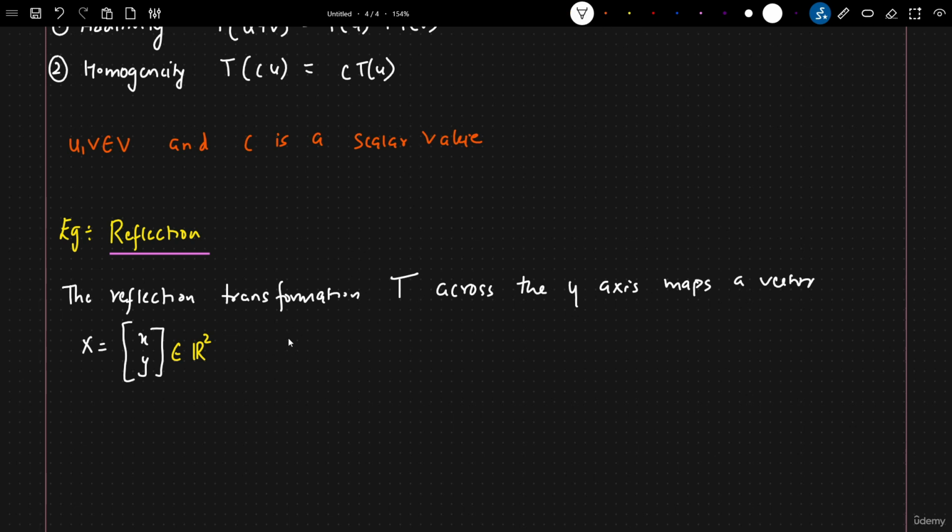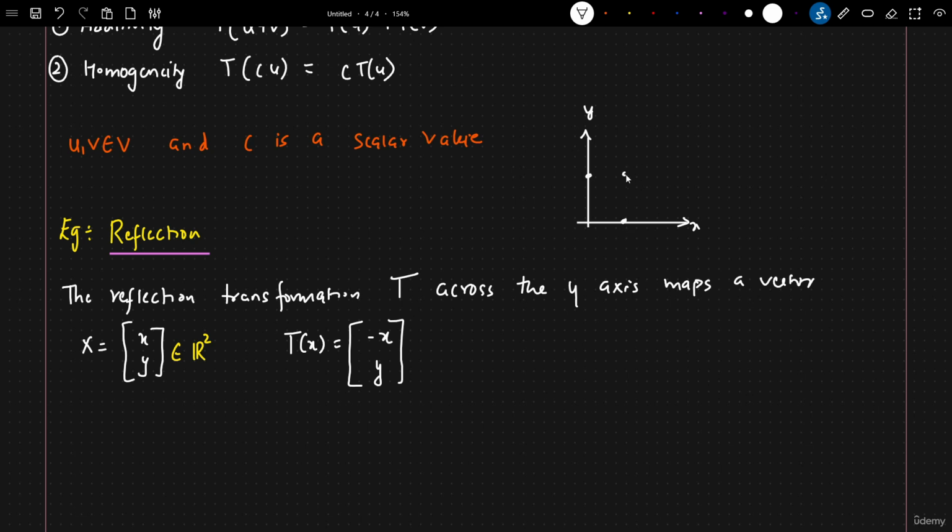Let me also provide the transformation that we are going to apply: T of x is nothing but minus x comma y, because this is what reflection is all about. We are doing this reflection across the y-axis, so if I have x comma y, I am going to get minus x comma y. That basically means this can be any value, x and y.